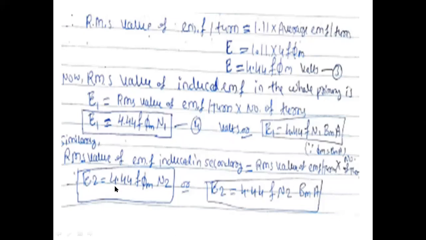Next line, E2 equals 4.44 F phi m into N2. Or, in the other form, E2 equals 4.44 F N2 Bm A.